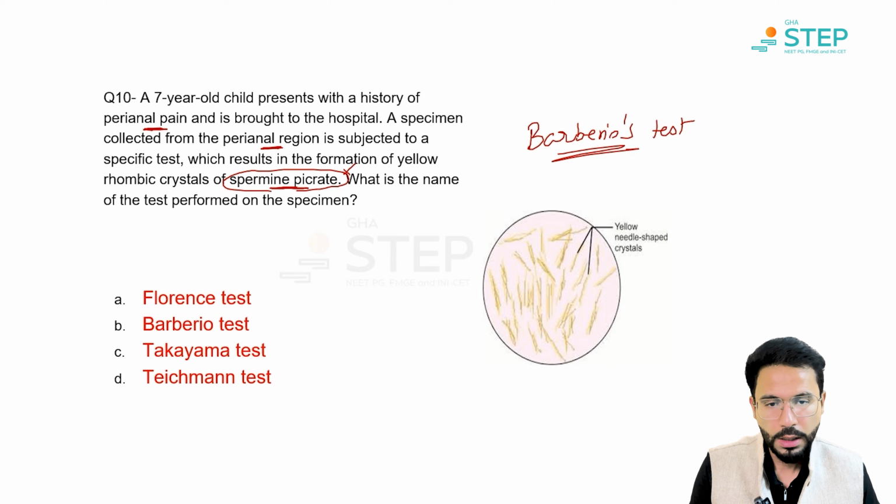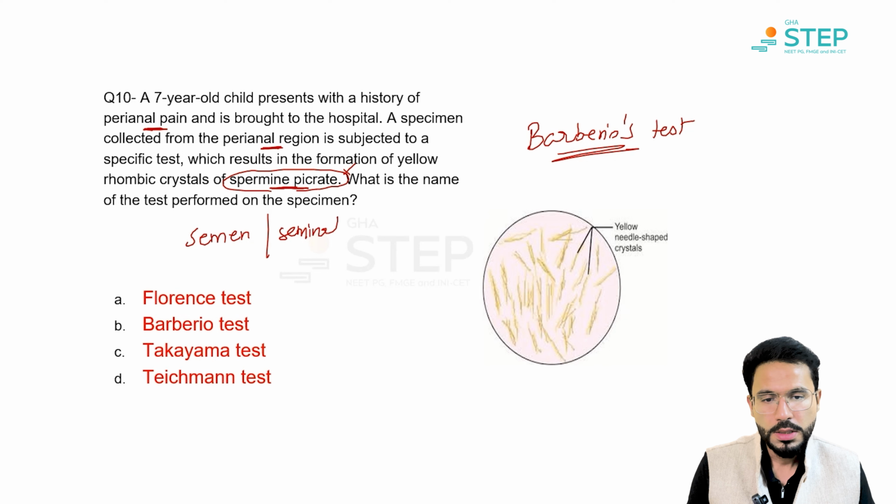Why is it Barberio's test? Because we are talking about tests on semen or seminal fluid. And what are the tests that are associated with seminal fluid? Either Florence test or Barberio's test.